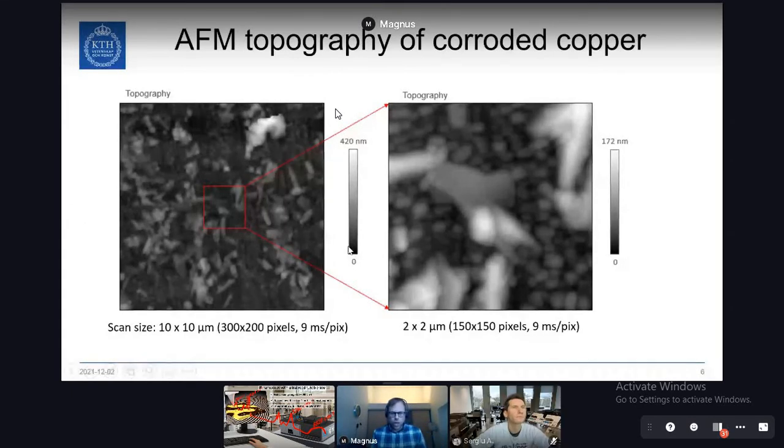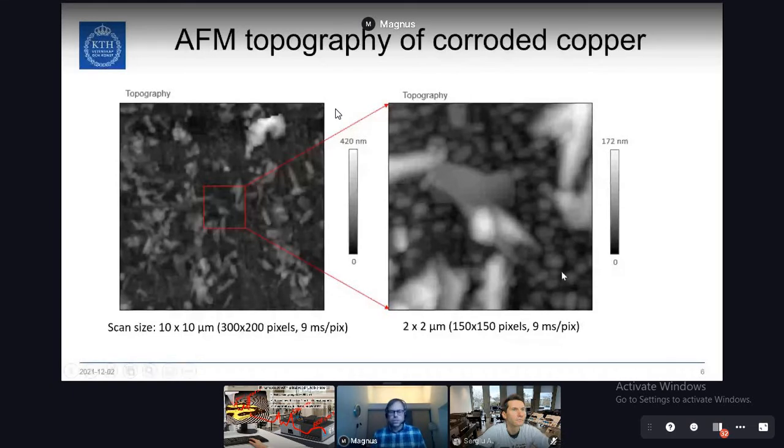The roughness is quite high, some hundreds of nanometers. If you zoom in on this red square in the middle, you can see in more detail that we have some larger particles, the white ones with a height of 100-200 nanometers. And we also have these smaller particles in the black sea.